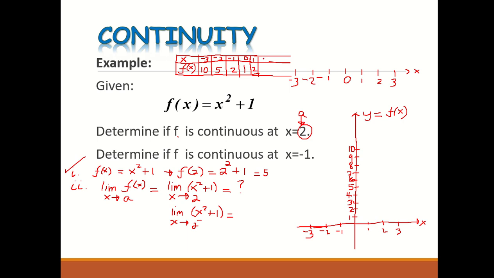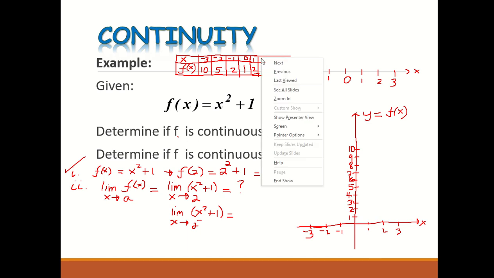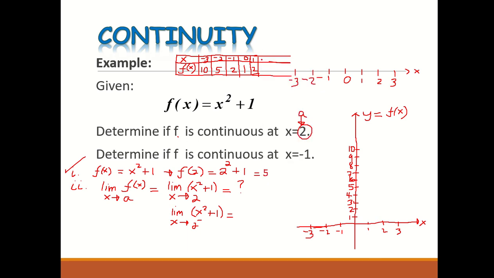When x equal to 2, 2 squared, 4 plus 1, 5. When x equal to 3, 3 squared 9 plus 1, so this is 10. Okay, so before we continue this one, so that I can explain it to you clearly, we have to make the graph first, graph of the function.